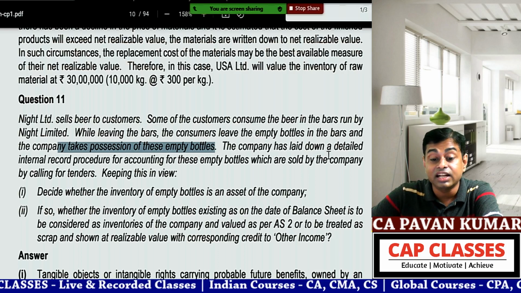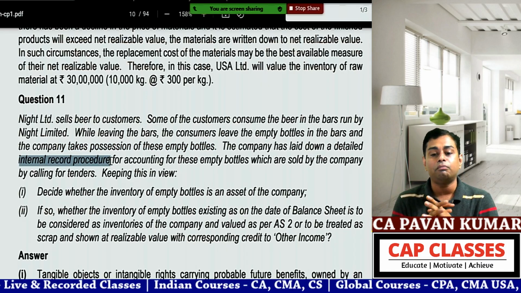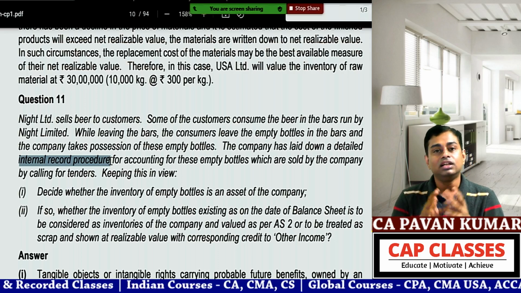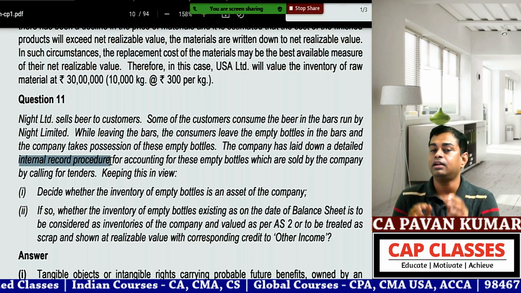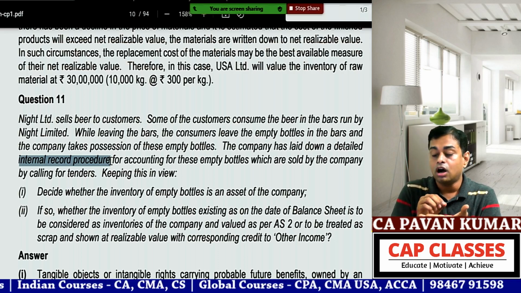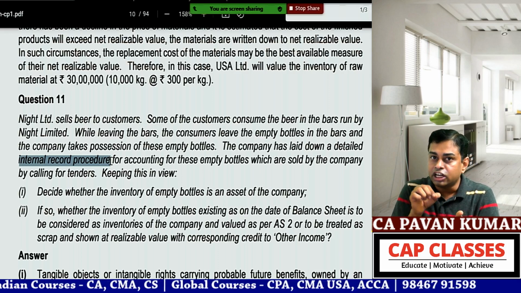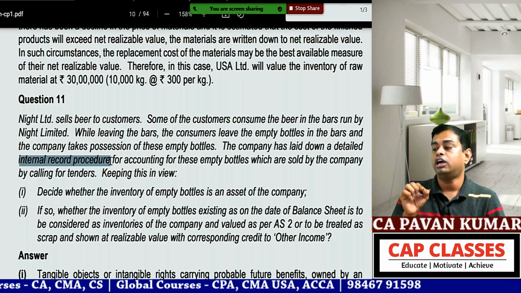The company has laid down a detailed internal record procedure, internal controls. Oh my God. What is this? They are keeping all these bottles under lock and key. One proper godown is there. They are maintaining a record: on 22nd March 2021, how many empty bottles are received? 228.